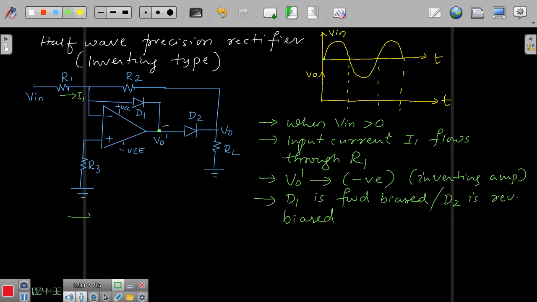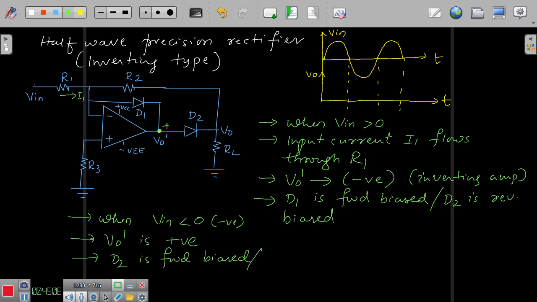So now the second part, when V in is less than 0, the input voltage is negative. Therefore obviously your V naught dash is positive because it's an inverting amplifier. So when V naught dash is positive here, your D2 is forward biased, and of course your D1 is reverse biased.